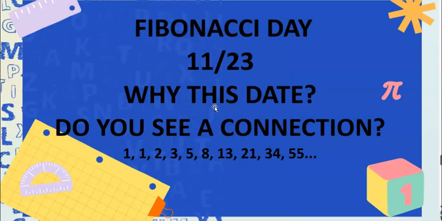So now we come to Fibonacci Day, which is November 23rd, or you could also write it as 11/23. So I'm wondering if you can figure out why this date was chosen. Can you see a connection between these numbers and this date and the numbers in the Fibonacci sequence?